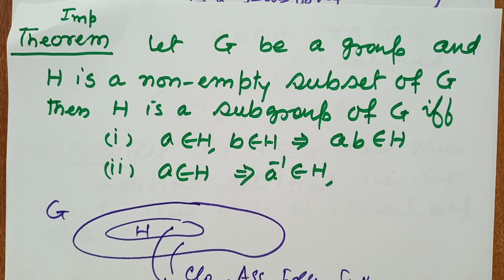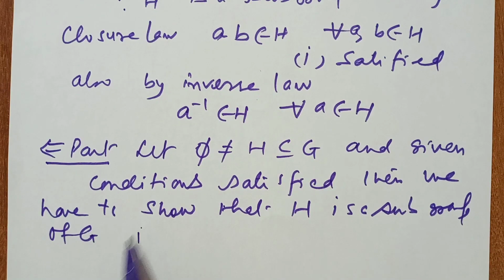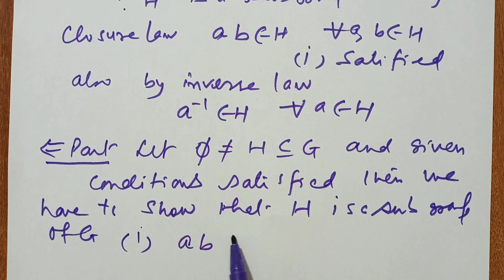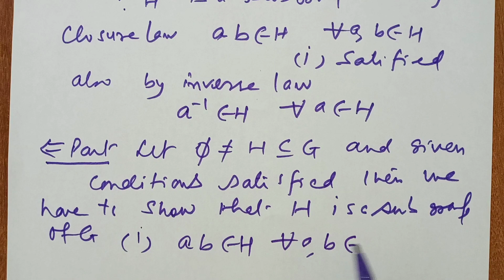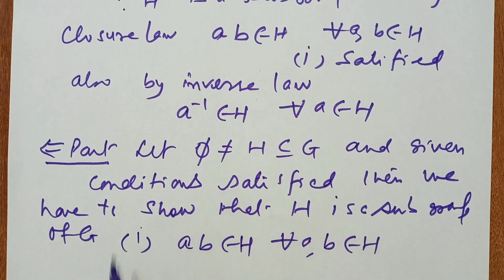We only need to satisfy two more. Okay, so first, ab belongs to H for every a and b in H, this is the closure law, satisfied always because of the given first condition.